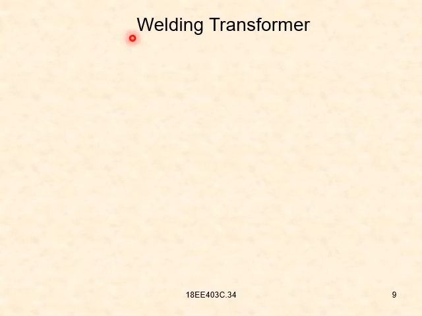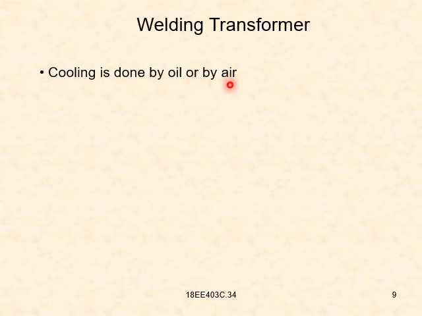Now, the welding transformer. Cooling is done by oil or by air. As I said, if it is natural, it is by air; if it is forced, it is by oil.